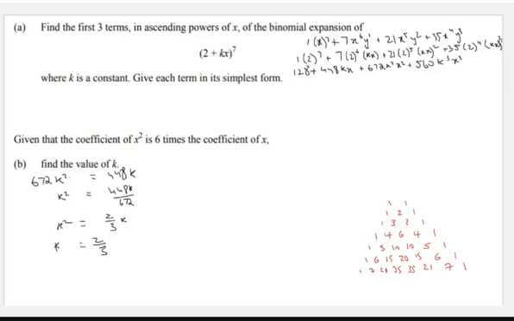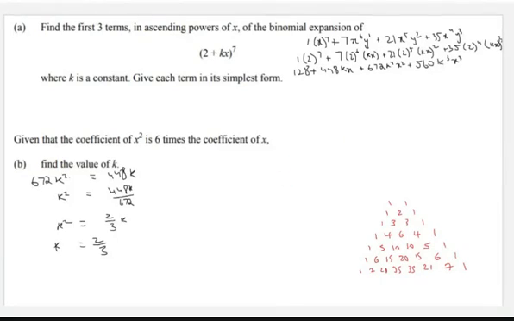Did that say that k squared equals 2/3 k? If that's the case, then you would have to make it all equal to 0 because it's a quadratic. Or, to be fair, would you have to?